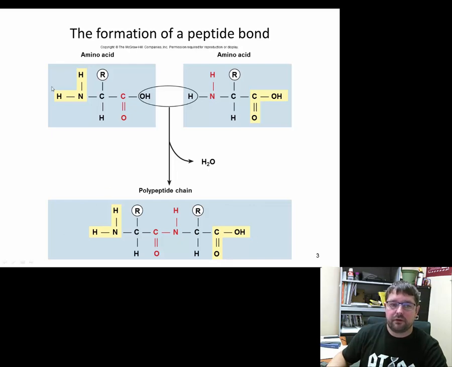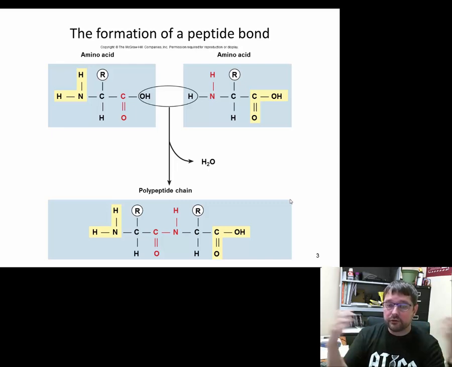Now, interestingly, if you look at the ends of these other amino acids, there's a hydroxide group, there's a hydrogen group, so as you can imagine, it's easy to link another amino acid over here and another one over here, and most of our proteins that we know of are lots of amino acids linked together.